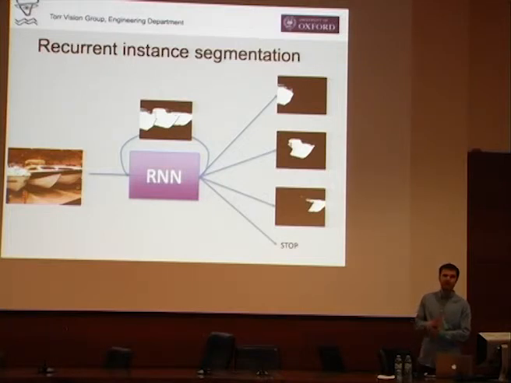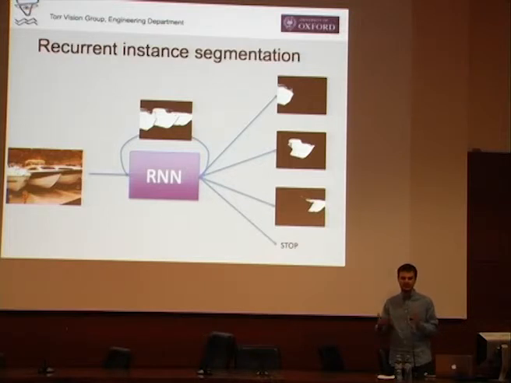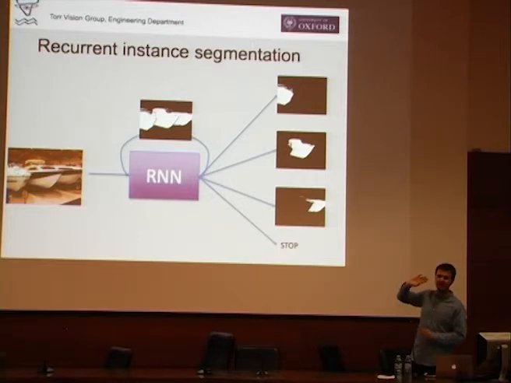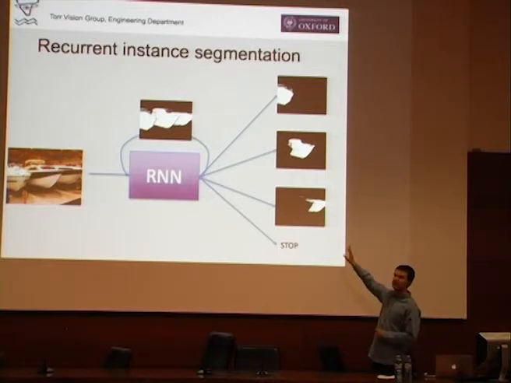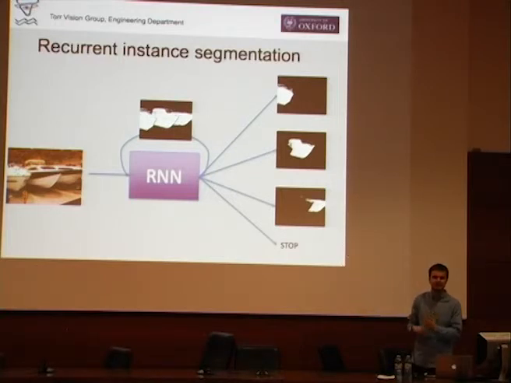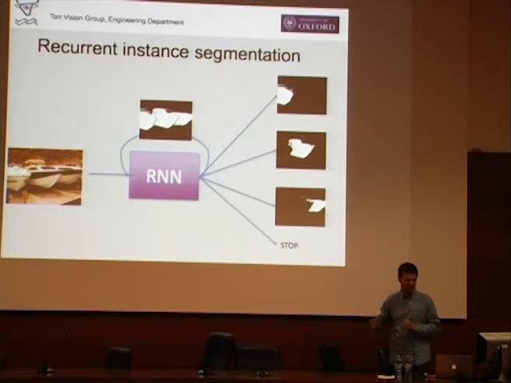One important point is that what we provide to the network at training time is just the input image and the masks. We don't tell the network anything about how it should manage the internal memory. So it is the network itself that should learn how to use the memory.